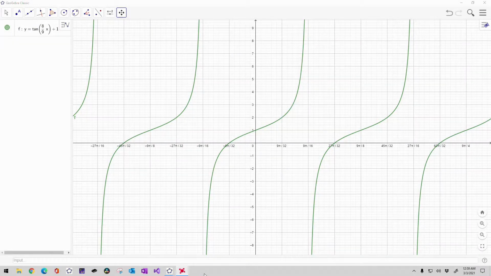Let's take a quick look at the two graphs that I just drew by hand so we can get a really fine-tuned look at them here. Notice this is the tangent of 8/9 x plus 1, and the shapes are pretty self-explanatory. You can see where I have the amplitude marks at 1 away from the center, right?